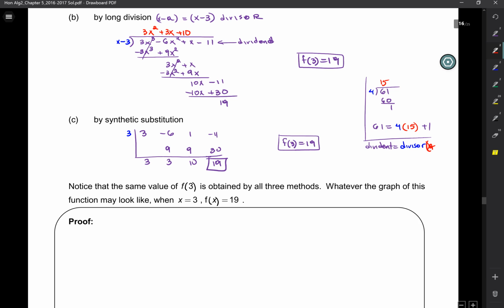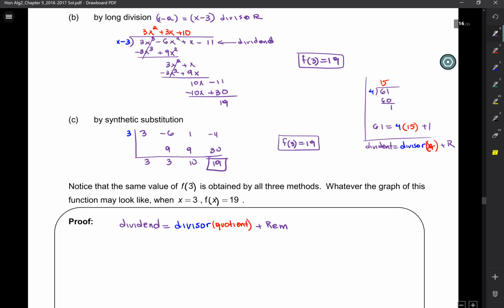The quotient plus the remainder. Is that right? Okay, now let's write the same thing here. So the dividend is equal to the divisor times the quotient plus the remainder.